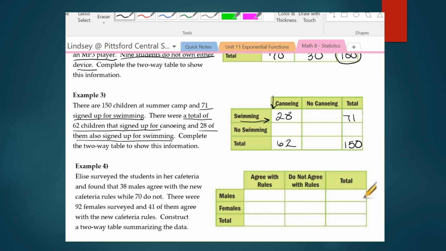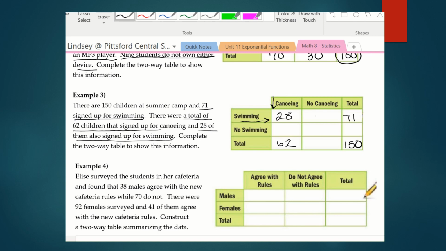So the first thing I see is I can fill in the folks that signed up for swimming and no canoeing, because I have the total number of swimmers and the number that chose swimming and canoeing. So if I had 71 swimmers total, 28 of them also signed up for canoeing.